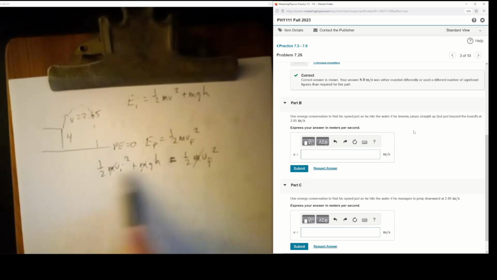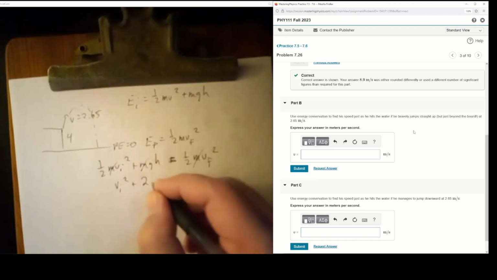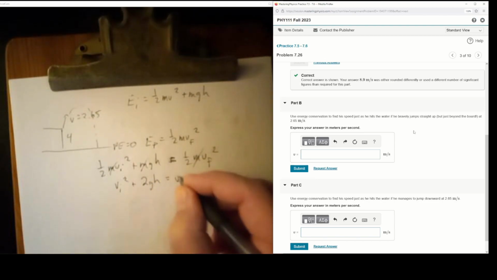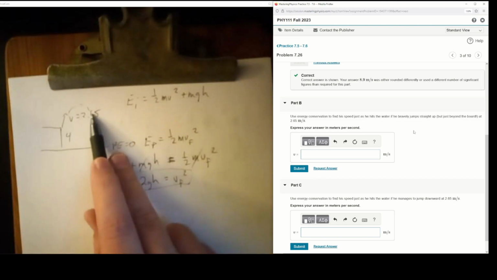The first thing I would do here myself is just multiply everything by 2. And you might recognize this equation or not, but this is actually one of the kinematic equations from the beginning of the semester. And just plugging the numbers in then, the initial velocity is the 2.65.